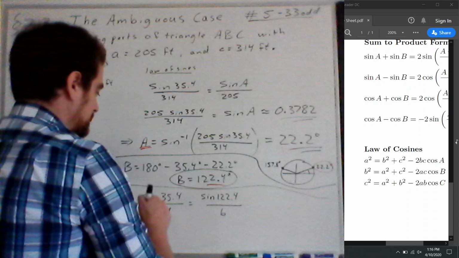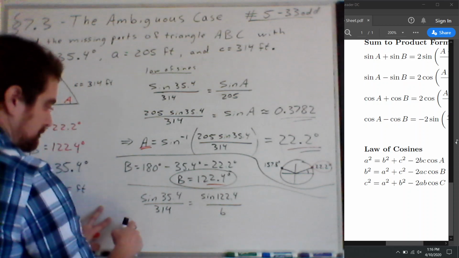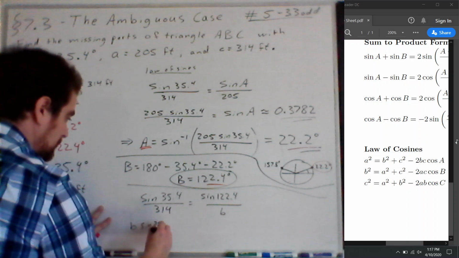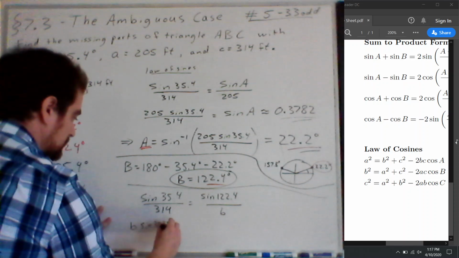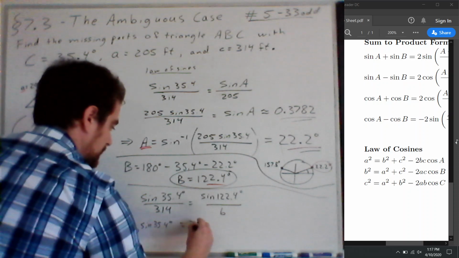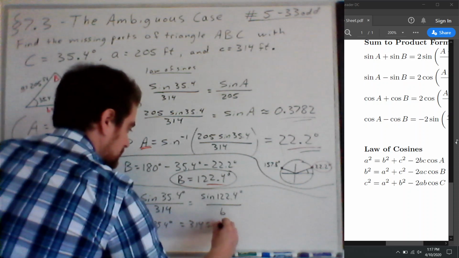So we'll cross multiply to get b times sine 35.4 degrees. I put my degree symbols there, making sure we're in degree mode on our calculators.